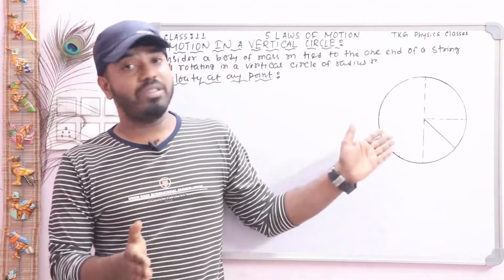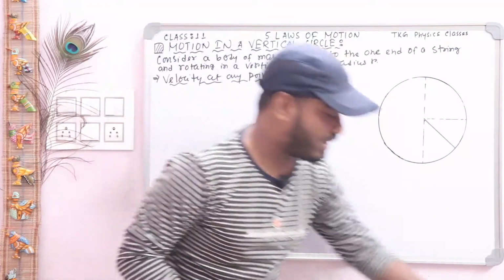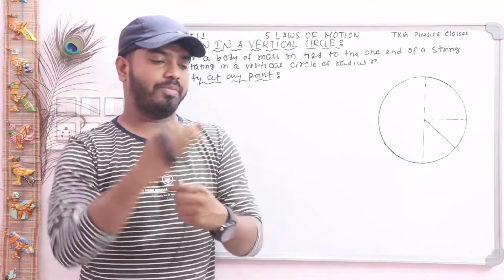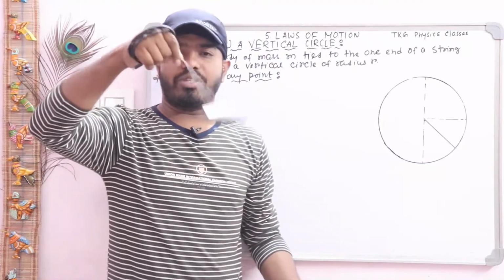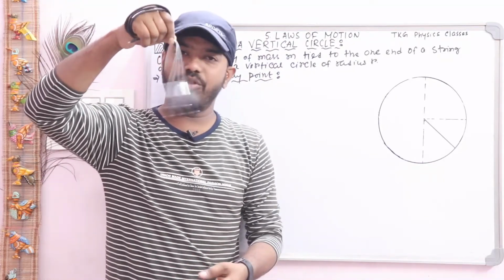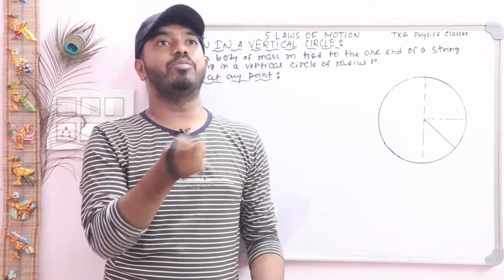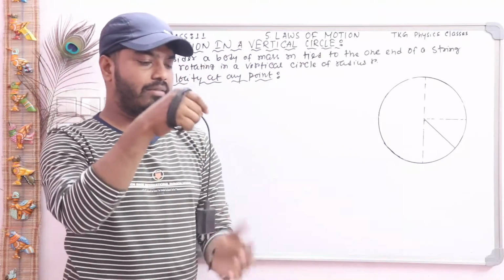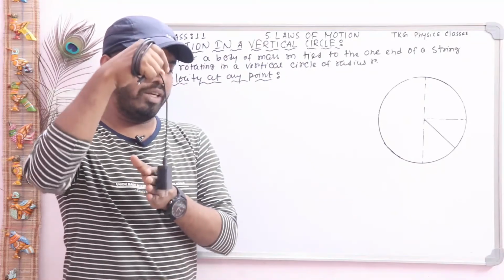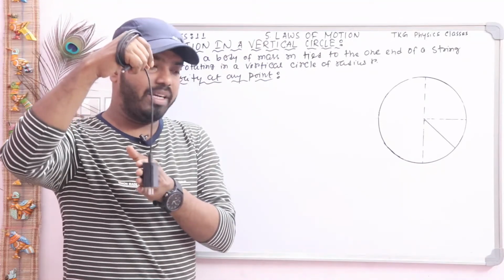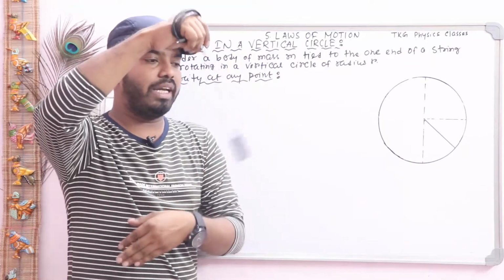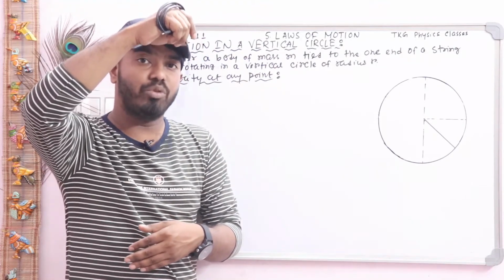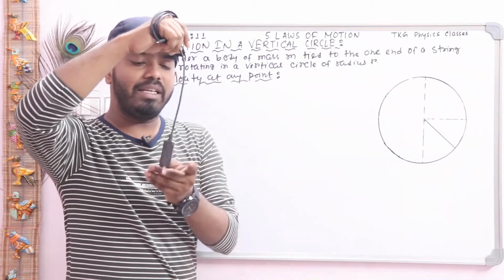Before going to this derivation, at first see one example. Suppose these types of motion are horizontal motion and these types of motion are vertical motion. Now see, when I apply some initial velocity, the body goes like this. That looks like SHM, simple harmonic motion. Now I am increasing the velocity.